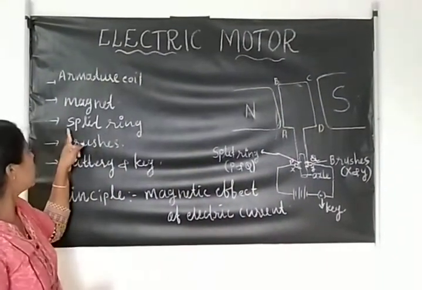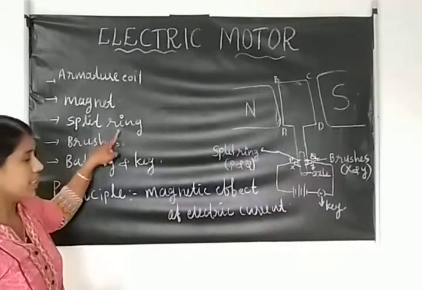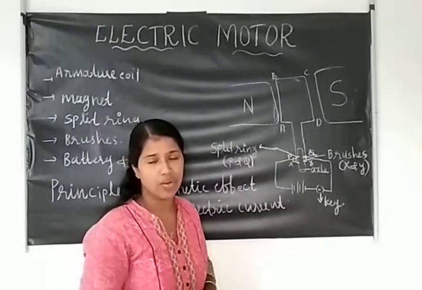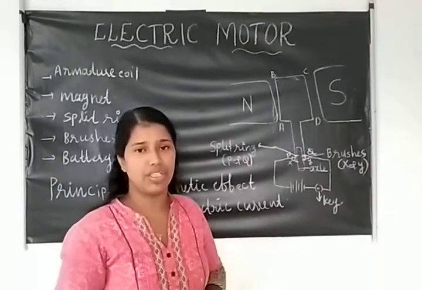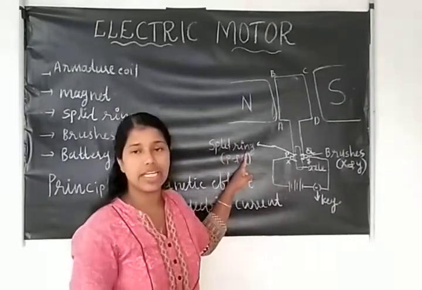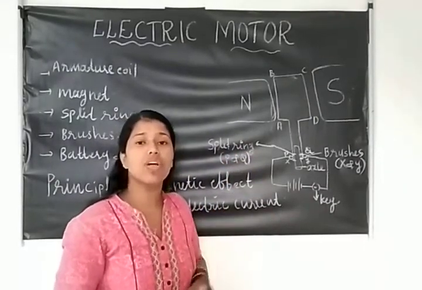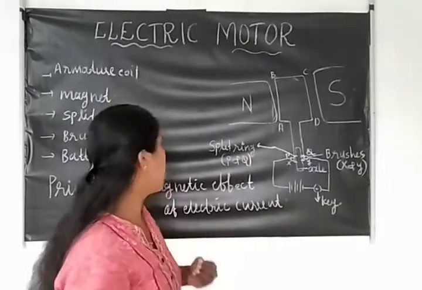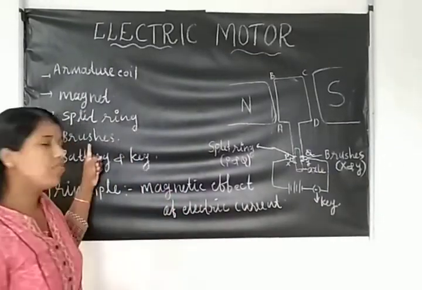Then next one is split rings. Two rings we are using. Another name is commutator. What is the basic function of these split rings? It reverses the direction of current. Next one, brushes.